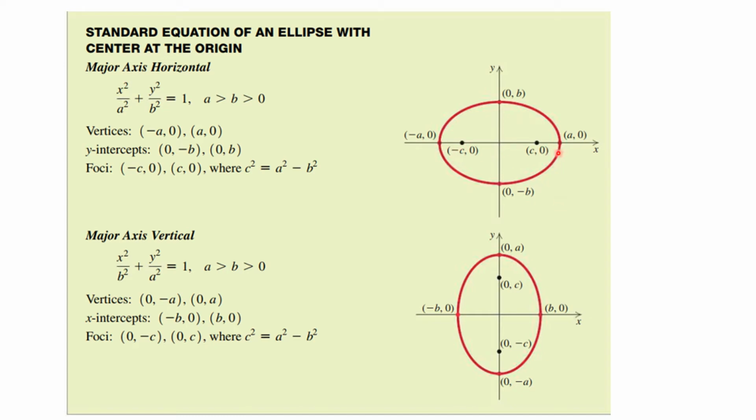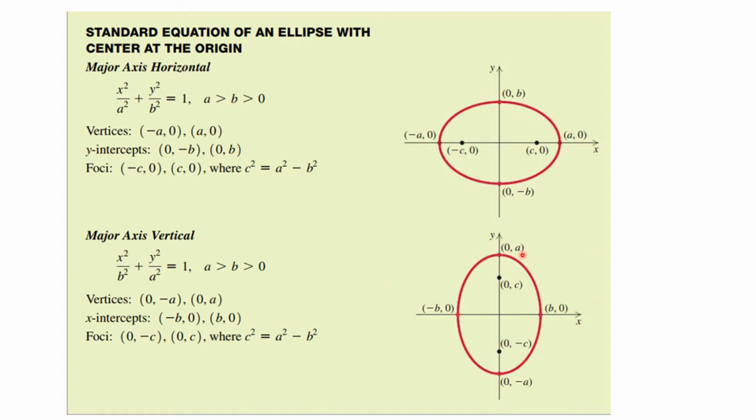It is egg-shaped going horizontally, centered at the origin in this case, so you get vertices at plus and minus a, and vertices up here at plus and minus b. The foci can be found by solving c squared equals a squared minus b squared. The equation is x squared over a squared plus y squared over b squared equals 1. If a is the bigger number, that means you have a horizontal axis.